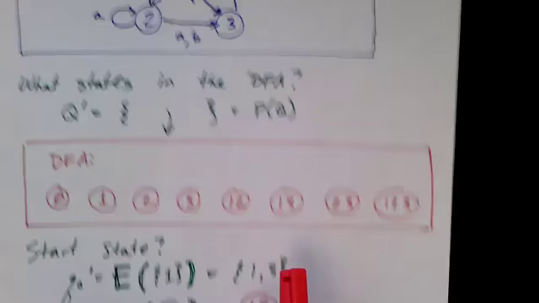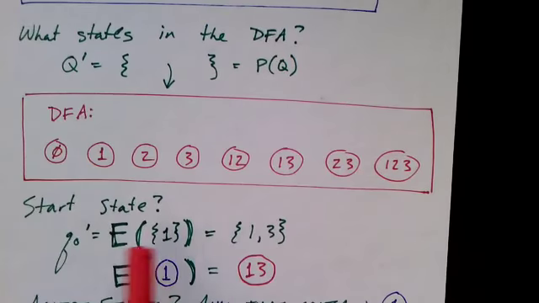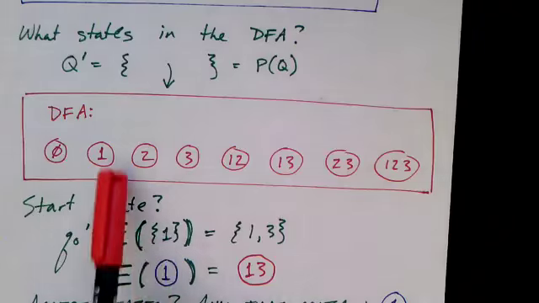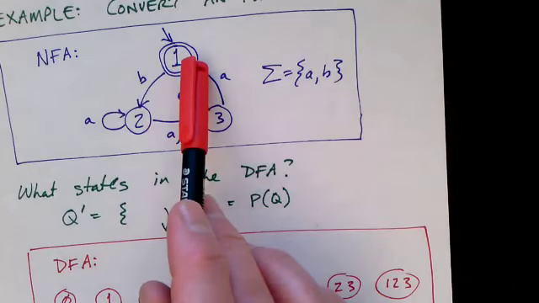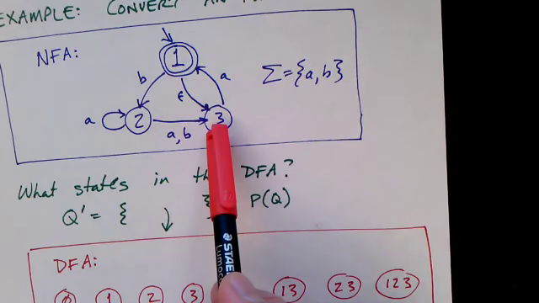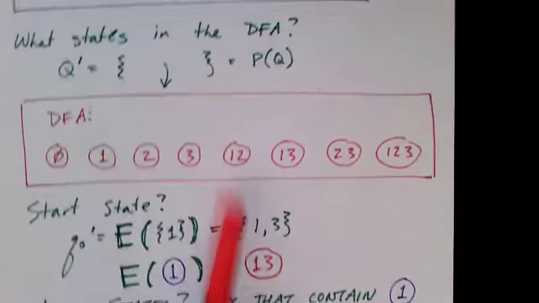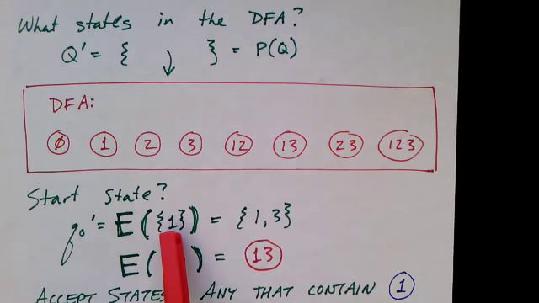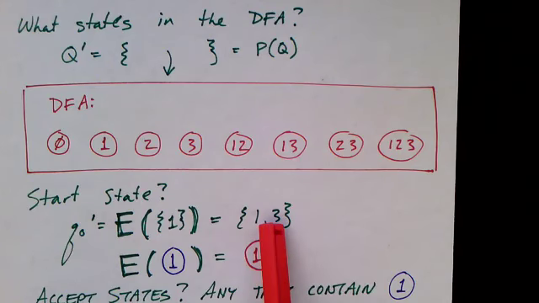Let's start with the start state. We start in state 1, and we also need to take the epsilon closure, so we could reach 3 immediately. So our definition says take state 1 and apply the epsilon closure, and that's the set {1, 3}.